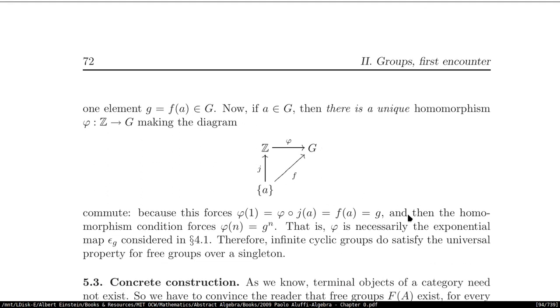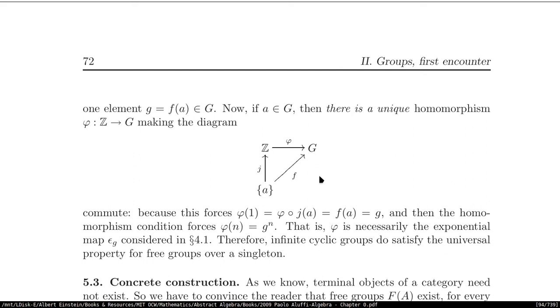And that is equal to g. So you can do this for 1. Phi of 1 gives you g to the power 1, phi of 2 will give you g to the 2, phi of n will give you g to the n, because phi is the unique homomorphism.